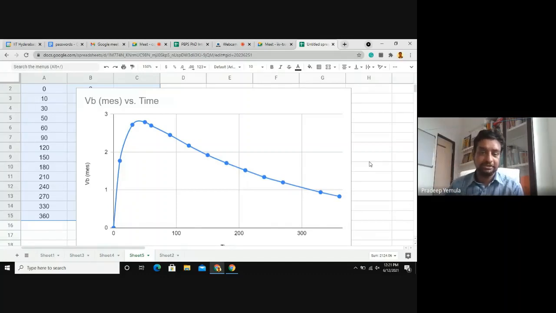So on x-axis you have time in seconds, and on the y-axis we have the VB voltage. It increases and then slowly it starts decreasing. Okay. Now, can we recreate this same values using our understanding of mathematical modeling of this? Okay. So let us try to attempt that. Okay. So I'll go back to my camera.